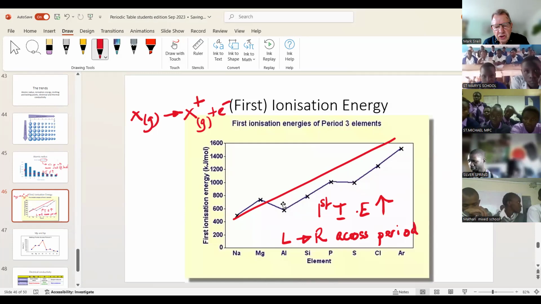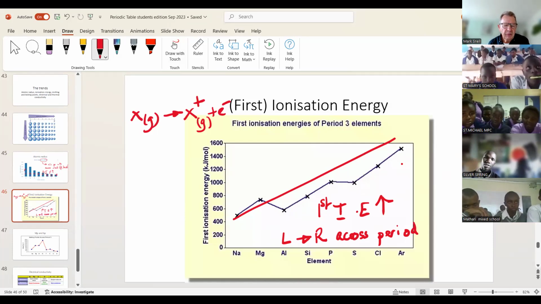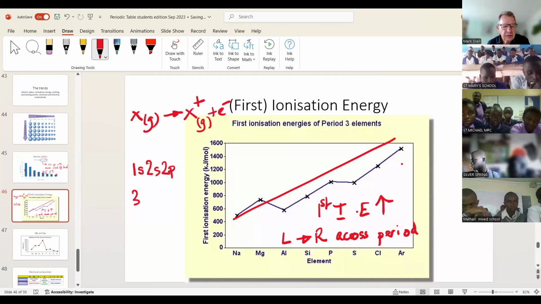For those of you who are interested, these two drops here for aluminium and sulfur are due to what we call subshells. And some of you may have come across the idea that the third shell, which we're dealing with, consists of subshells. This is the third energy shell, or level.